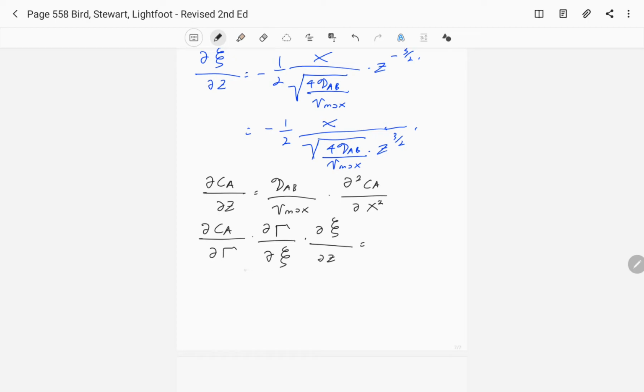This will be equal to DAB over Vmax, del eta del per del Ca over del eta.